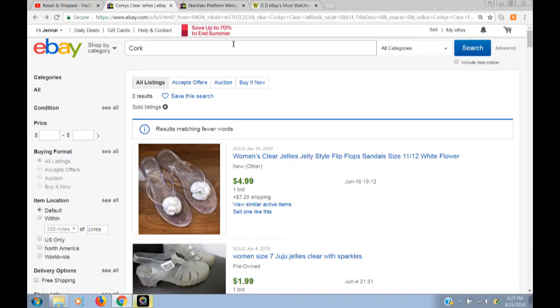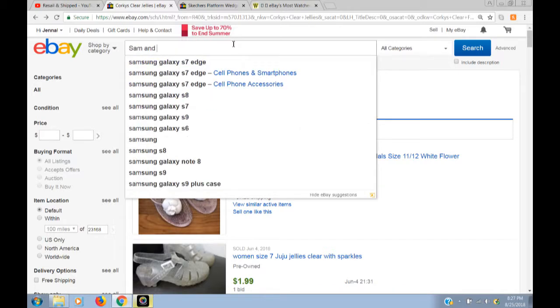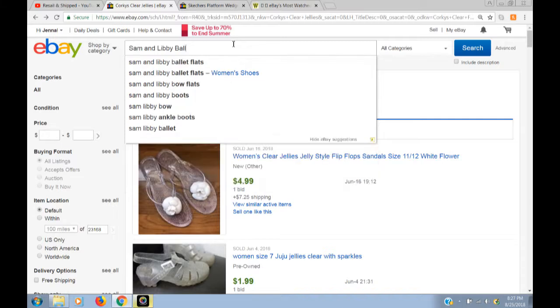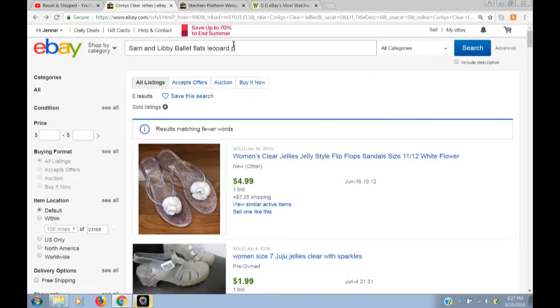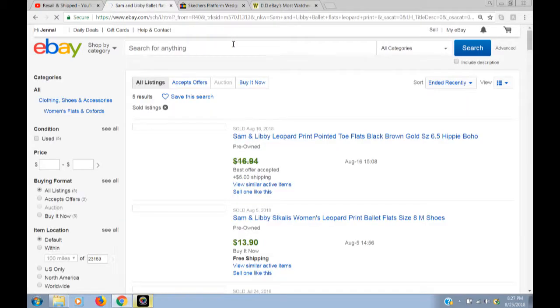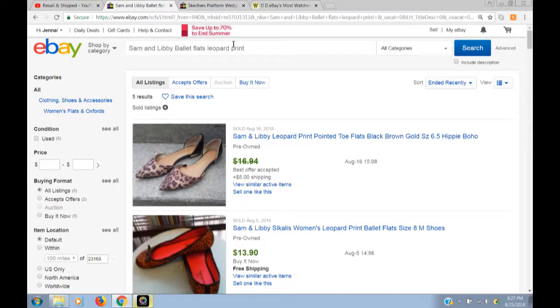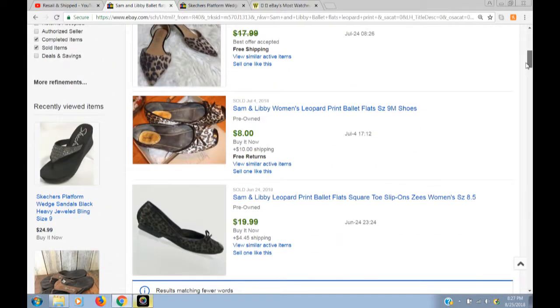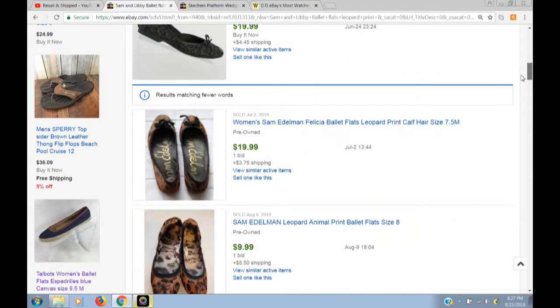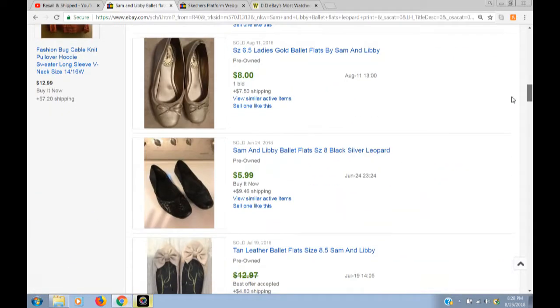And we'll go on to Sam and Libby ballet flat. I can even put leopard print and hope mine come up. Okay, so it's directly in the folds right now. They're showing Sam Edelman.